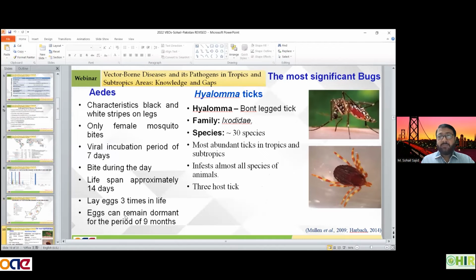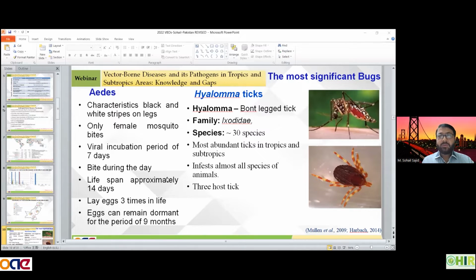The most significant bugs in Pakistan are these two, which are Aedes and Hyalomma. They have characteristic features, as you can see on the right side of the slide. The top one shows the tiger mosquito with specific white spots on the body, and Hyalomma, which is called the bont-legged tick, has yellow rings on the legs.